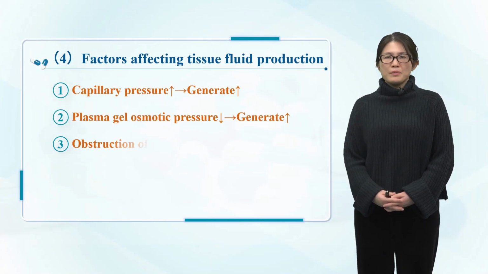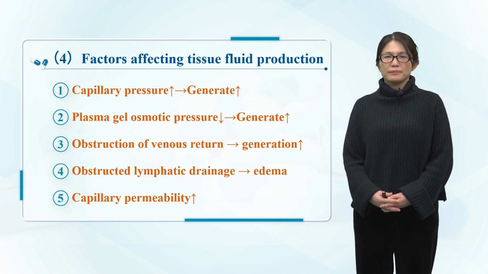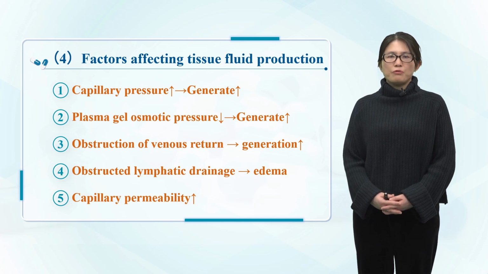Under normal circumstances, the generation and return of tissue fluid maintain a dynamic balance. If this dynamic balance is disrupted, causing excessive tissue fluid production or reduced reabsorption, too much fluid will be retained in the interstitial space and form edema.